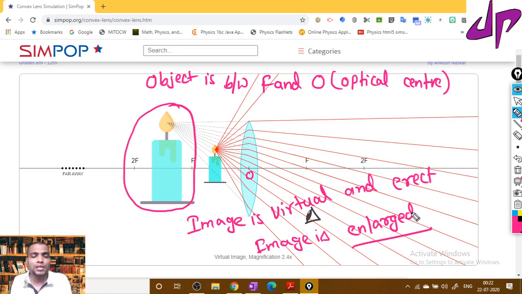So this is a very special case for the convex lens. In this case only we use a convex lens in the microscope to see very small objects. If the image forms on the same side, we call that image a virtual image.